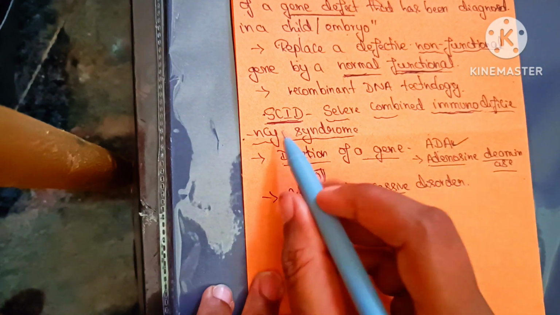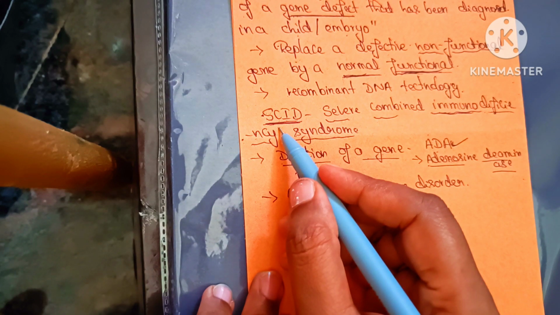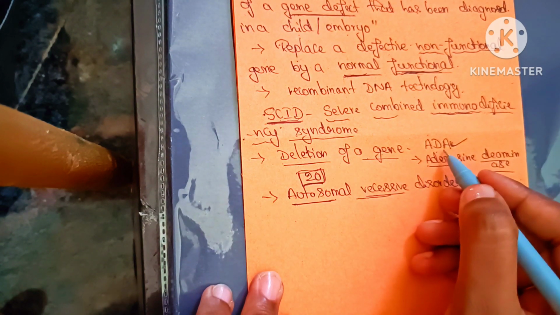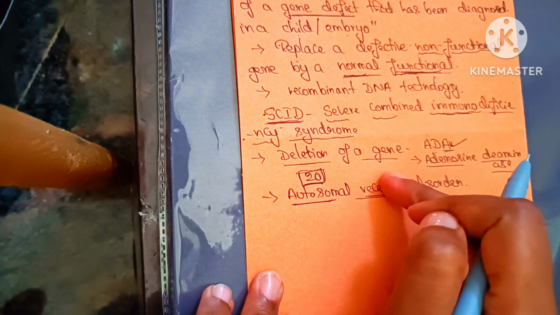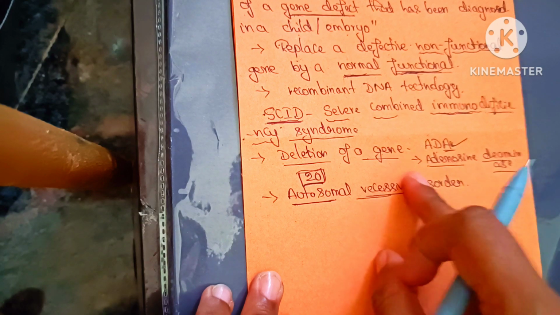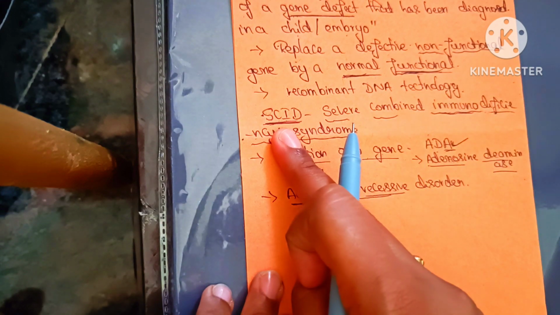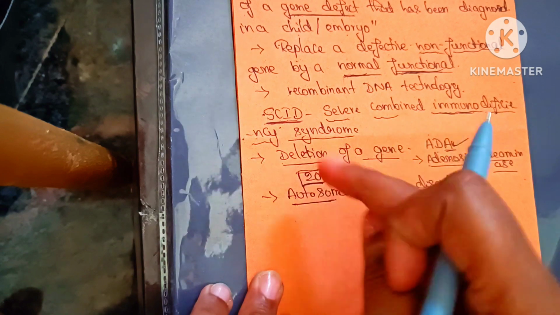Now to understand how ADA deficiency causes SCID, let us understand the normal metabolism of adenosine in a normal individual. Just remember, I am explaining now what happens in a normal individual. Then what happens later, I will explain what happens in the patient suffering from SCID.